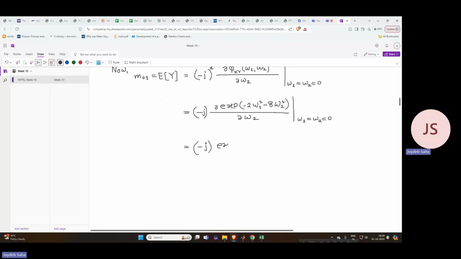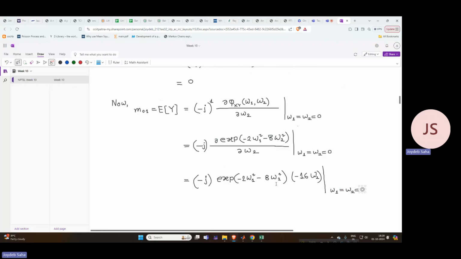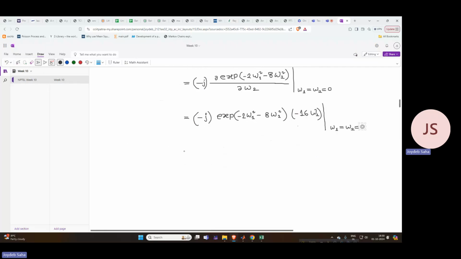We will get exponential of minus 2 omega 1 square minus 8 omega 2 square multiplied with minus 16 omega 2, and the condition is omega 1 is equal to omega 2 is equal to 0.